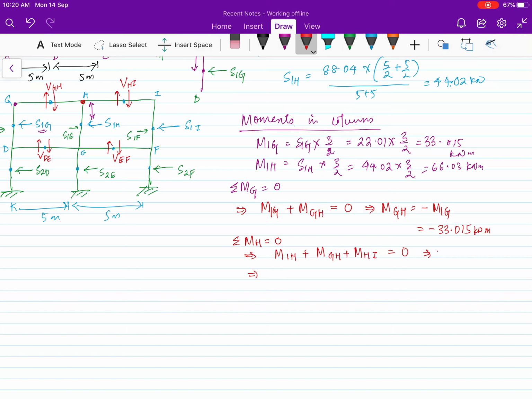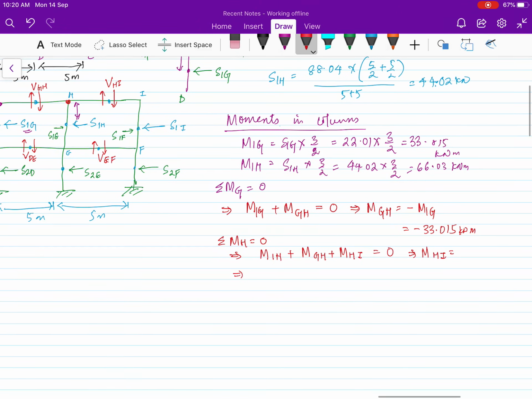So from here I can write MHI is equal to minus of MGH, which we have calculated. So minus of minus 33.015 is plus 33.015, and the M1H, which we have calculated, 66.03. So we got MHI as minus 33.015. Okay.